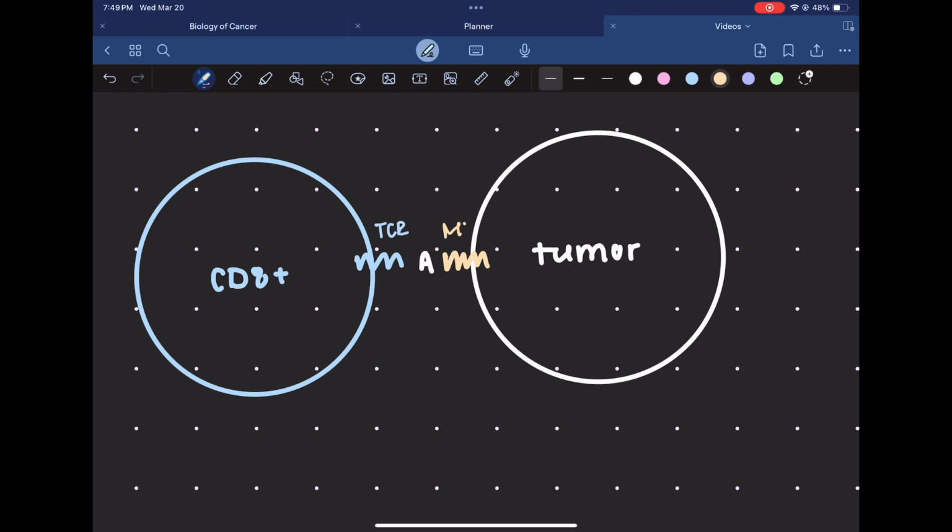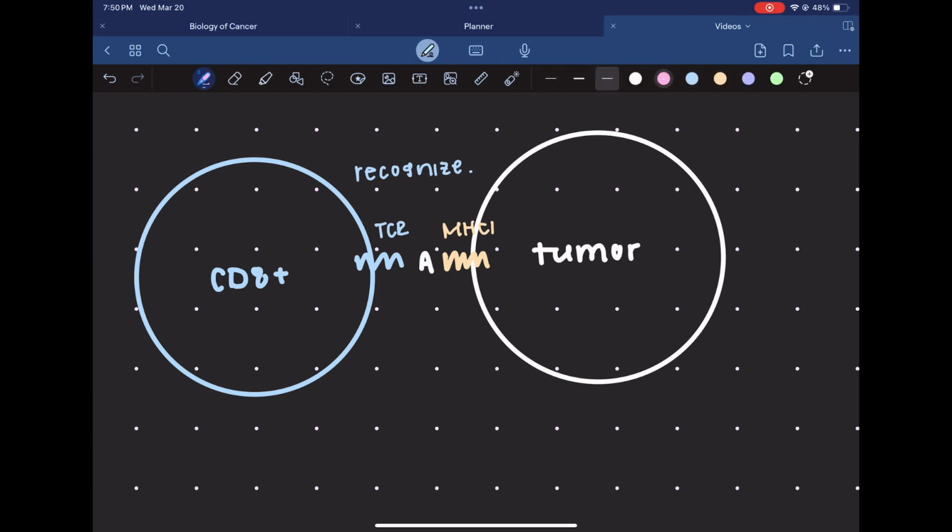And this is our MHC1. So this interaction is essential for our CD8 plus to essentially recognize our tumor cell. So one thing that target or tumor cells can do is get rid of this antigen.